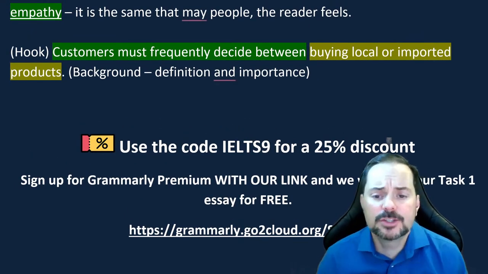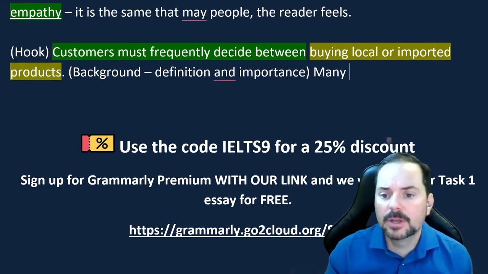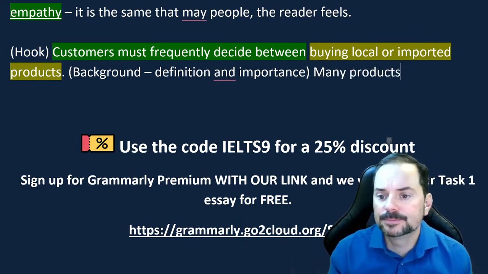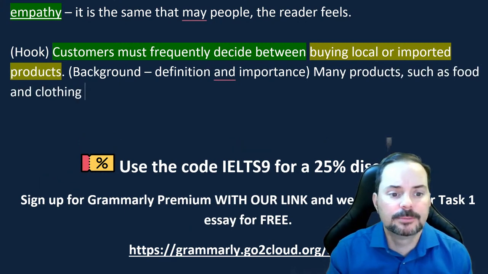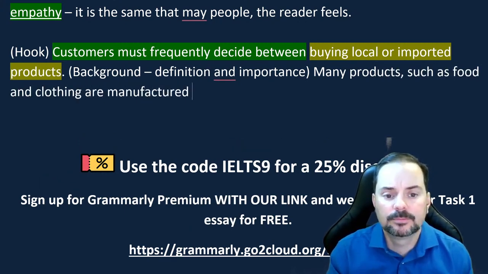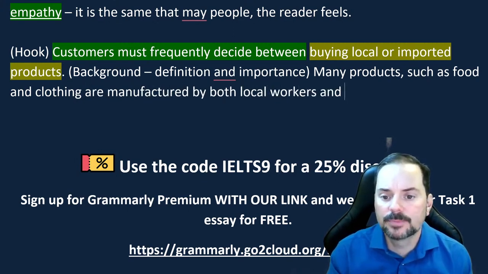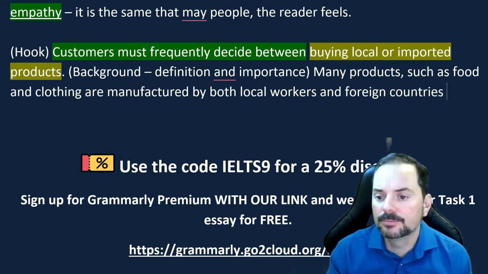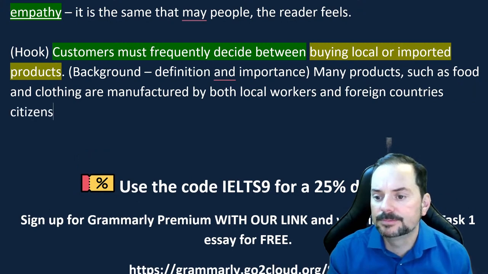So here, let's do the background. So many products, such as food and clothing, are manufactured by both local workers and foreign countries' citizens.